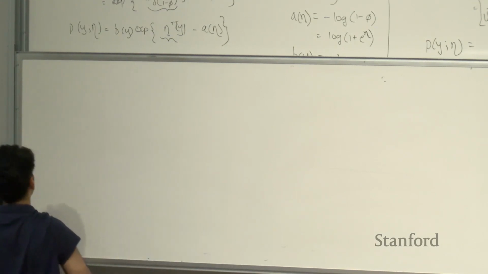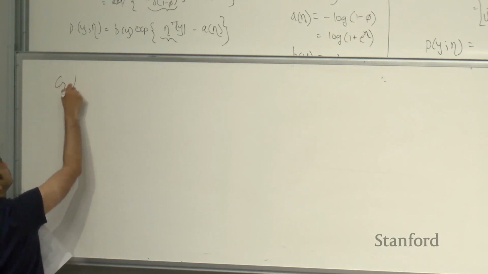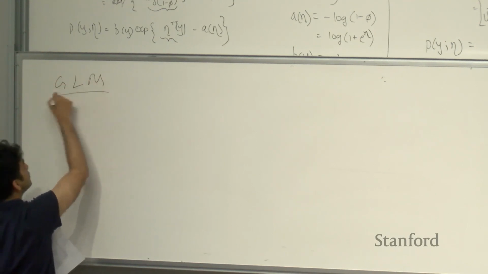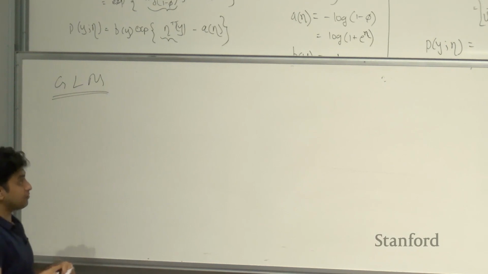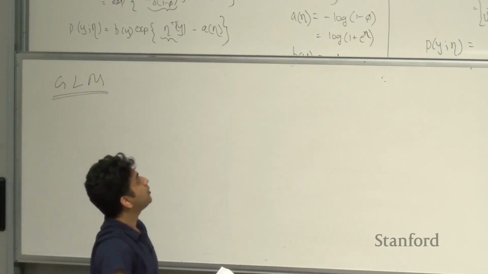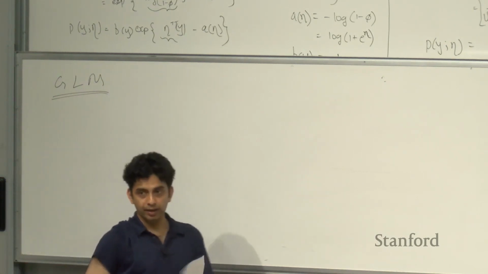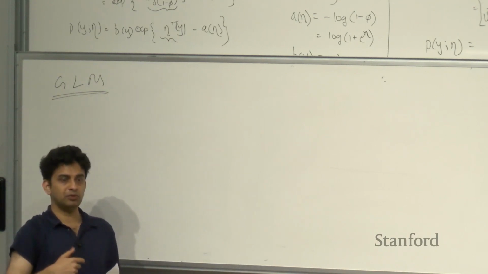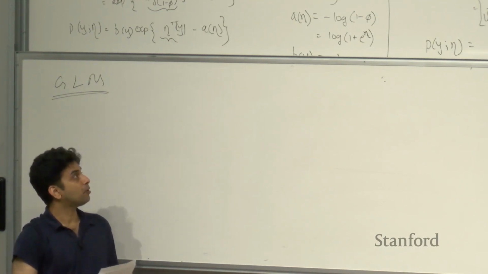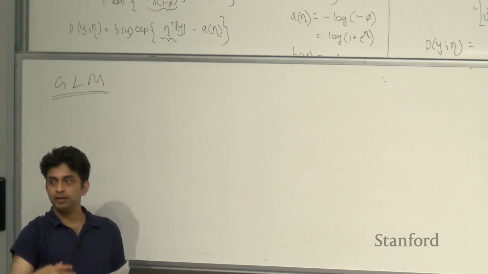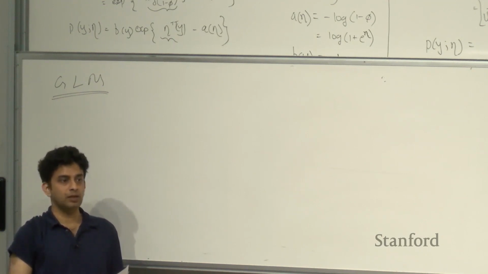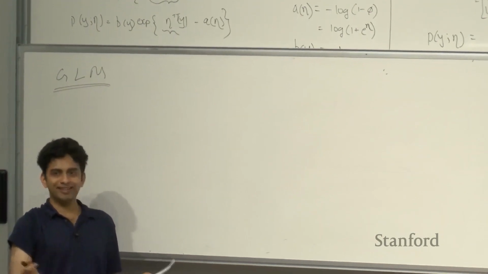So generalized linear models. With the exponential families, so far we were dealing with the variable y. We were defining a probability distribution over y, and the parameter was eta, and there was no x anywhere.